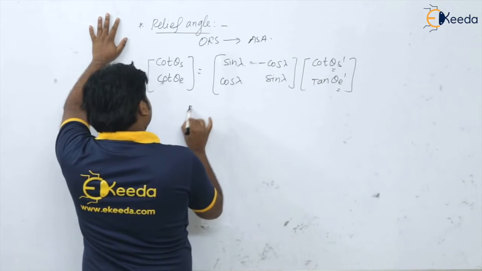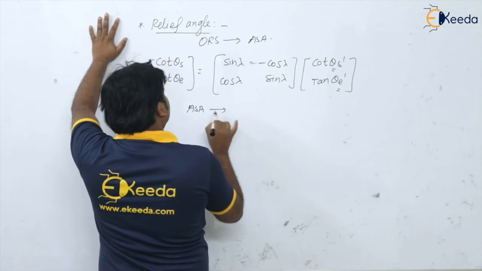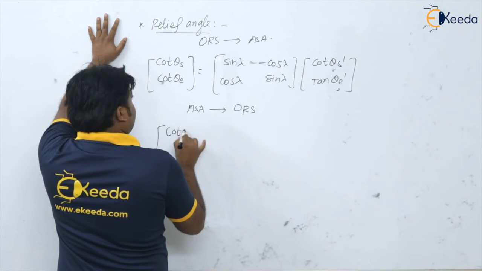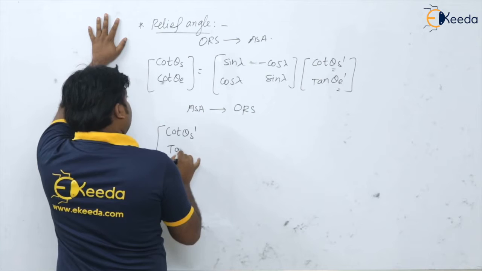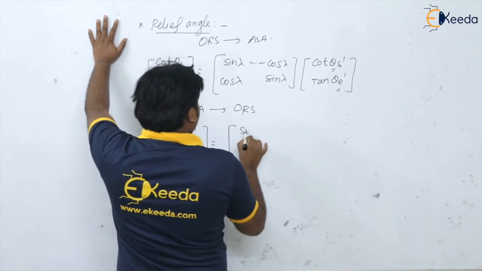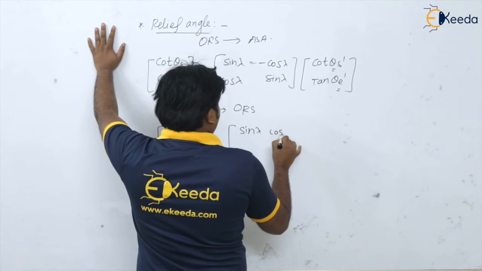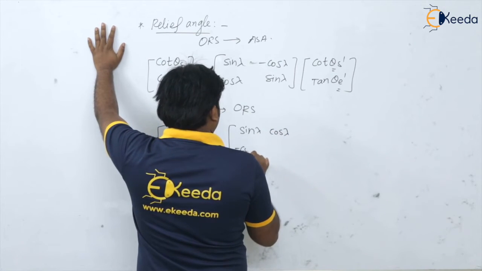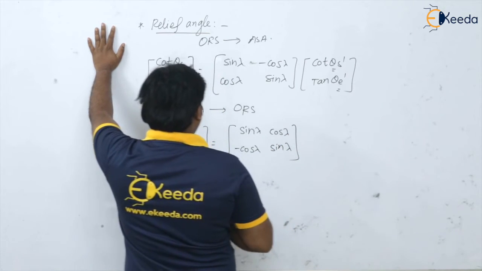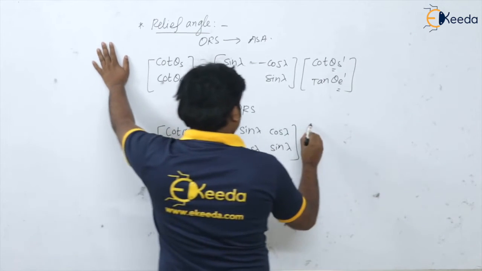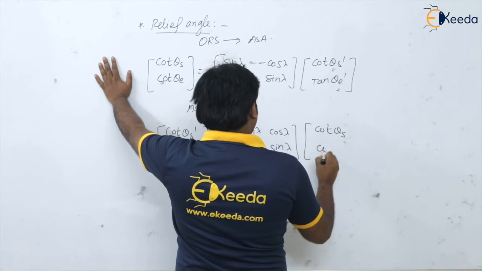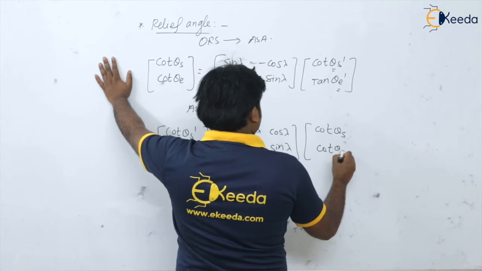Or from ASA you will have the ORS angles: cot theta s dash and tan theta e dash is equal to sin lambda, cos lambda, minus cos lambda, sin lambda, into cot theta s and cot theta e.